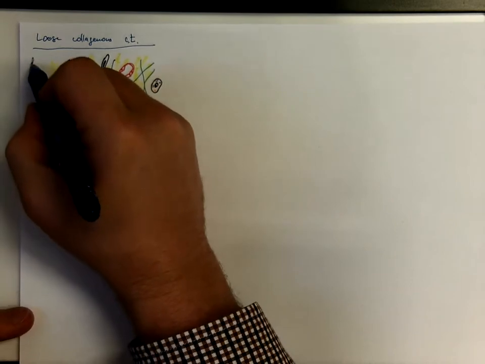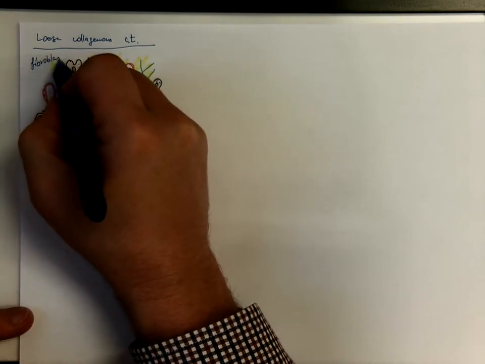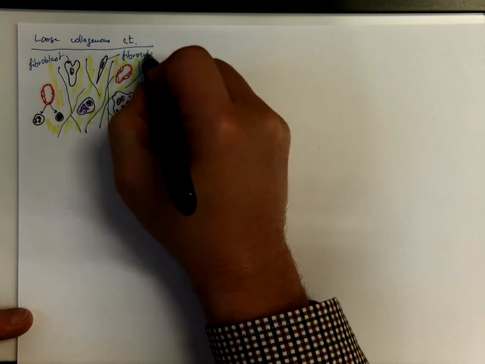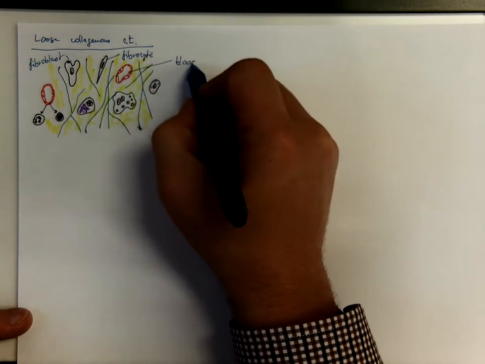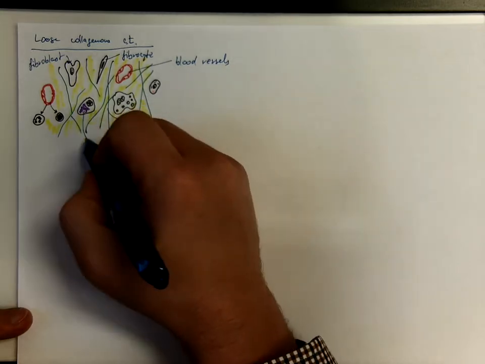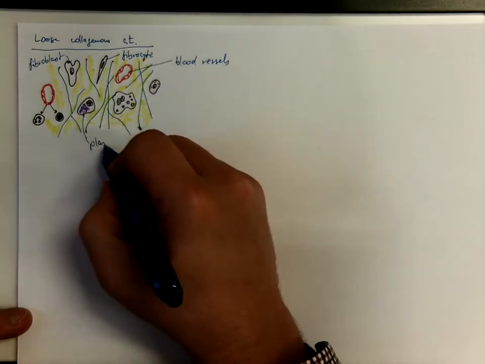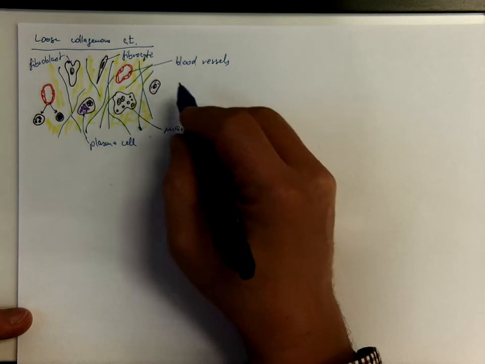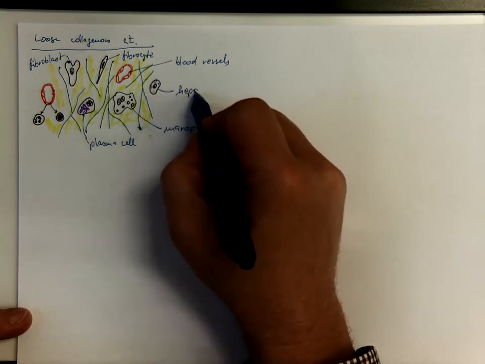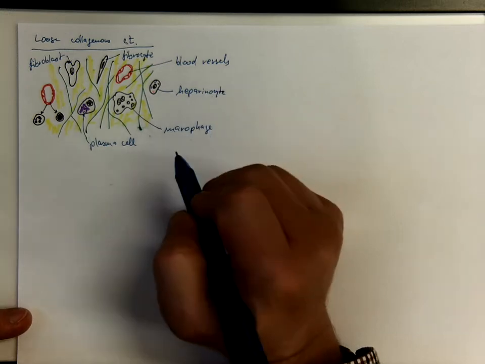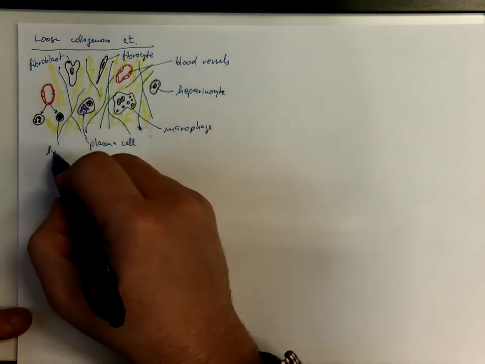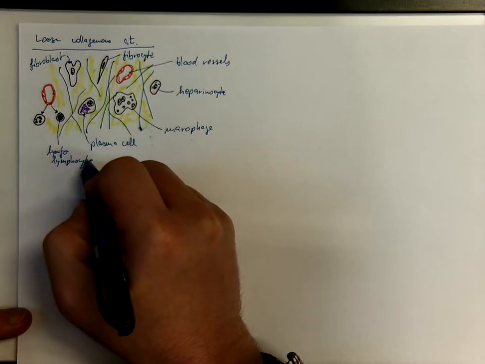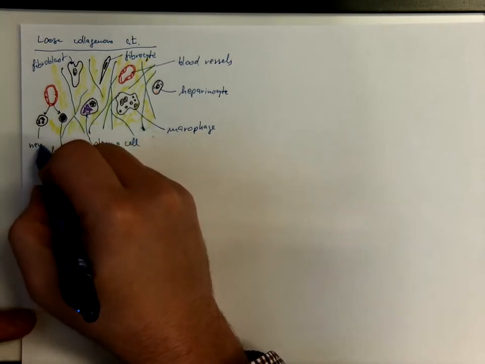We have the fibroblasts, we have fibrocytes, we have blood vessels, we have plasma cells, we have macrophages, we have heparinocytes or mast cells, we have lymphocytes, very often, and we have neutrophils.